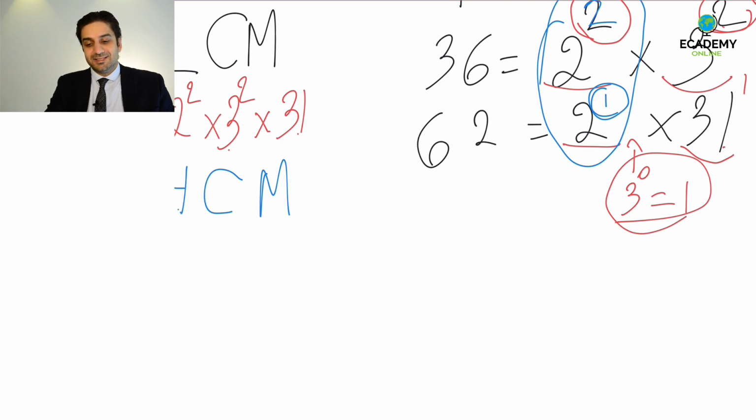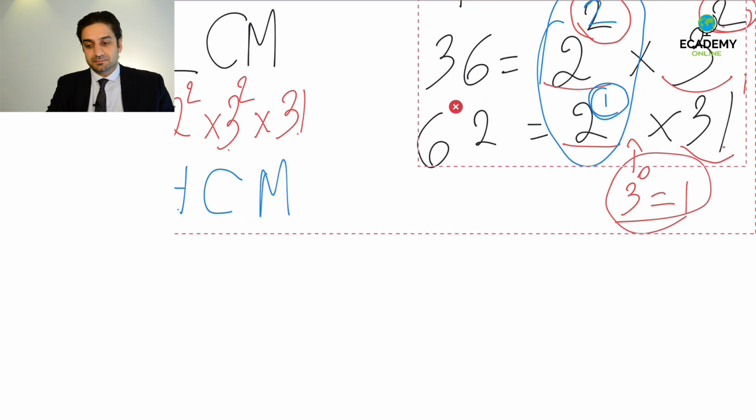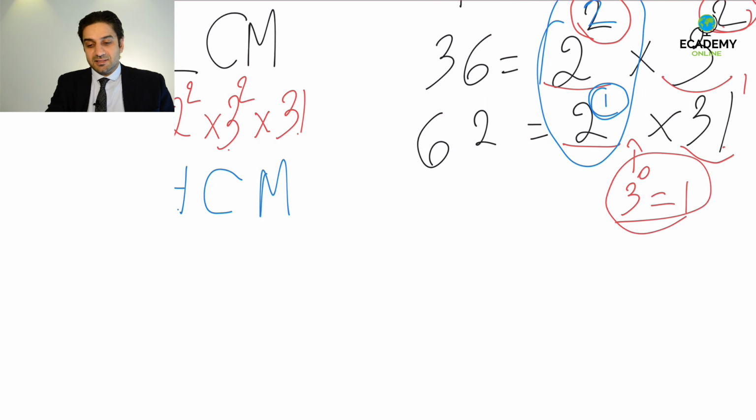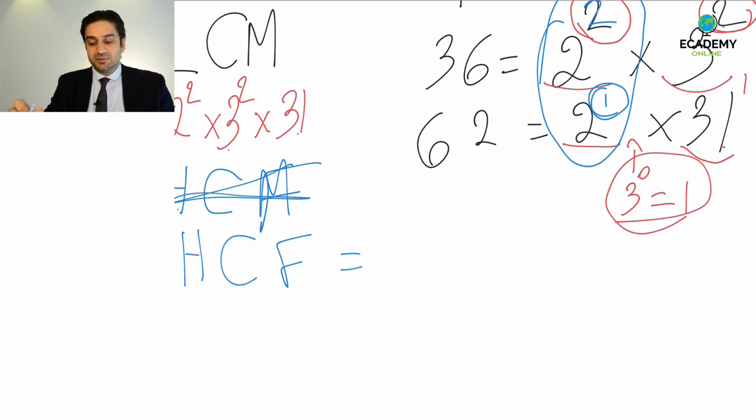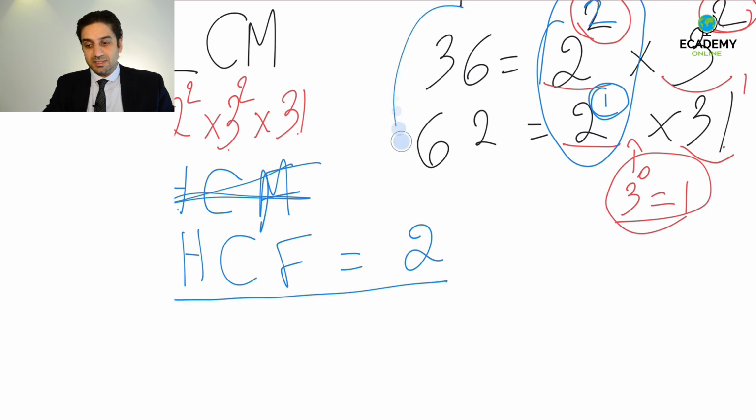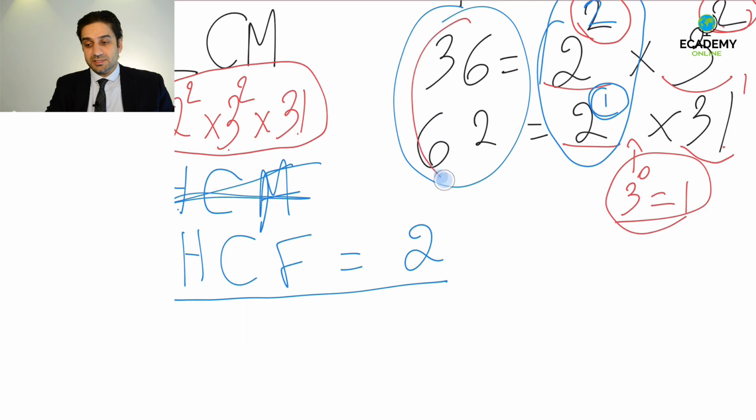So the highest common factor, my bad, sorry, I have to rewrite that. The HCF is equal to 2 to the power 1. This is the highest common factor between 36 and 62, and this is the least common multiple between 36 and 62.